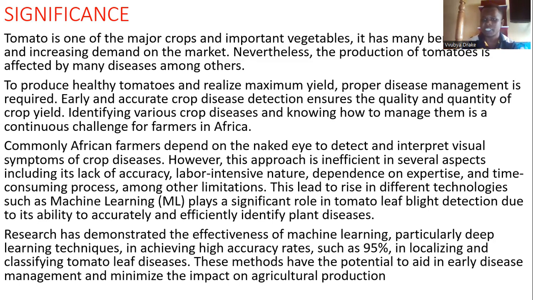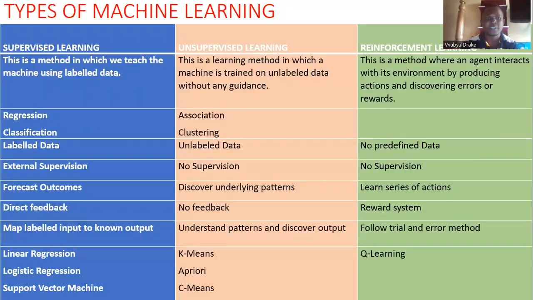Yet if we use machine learning algorithms, they can effectively detect this leaf blight, and it can detect at a rate of 95%. That is the accuracy.